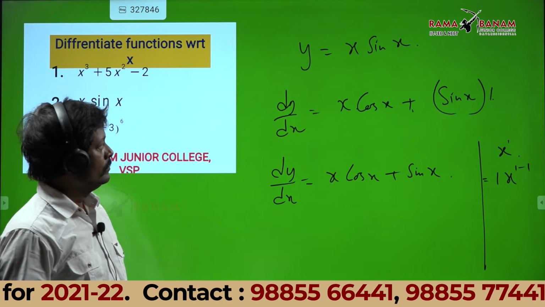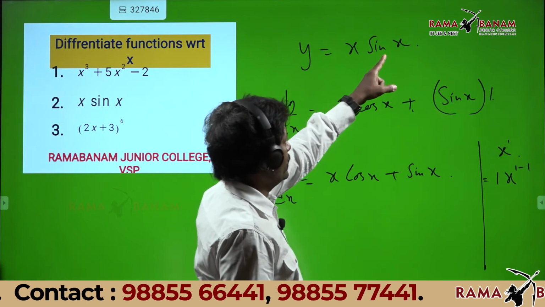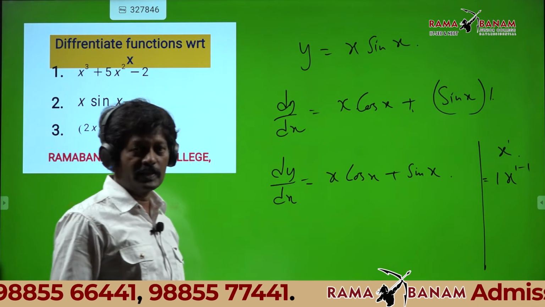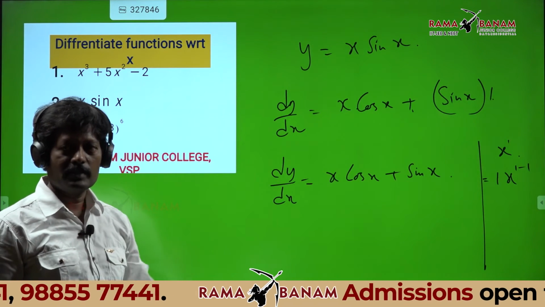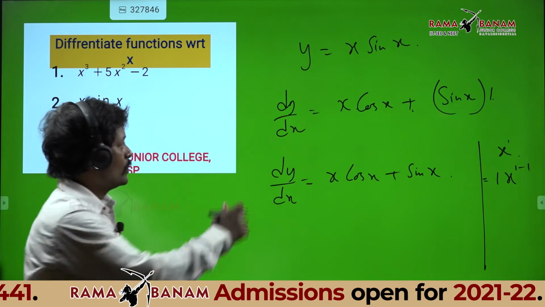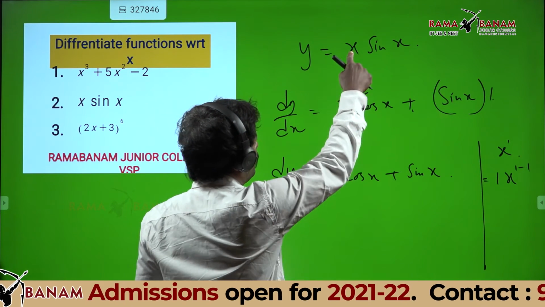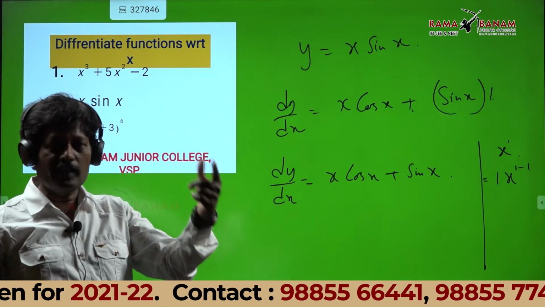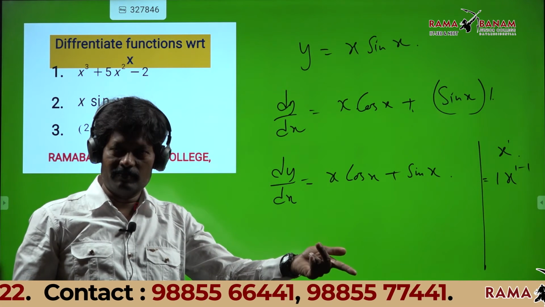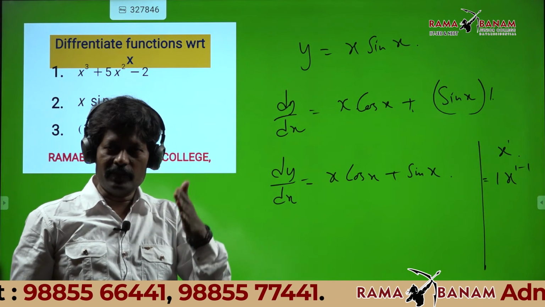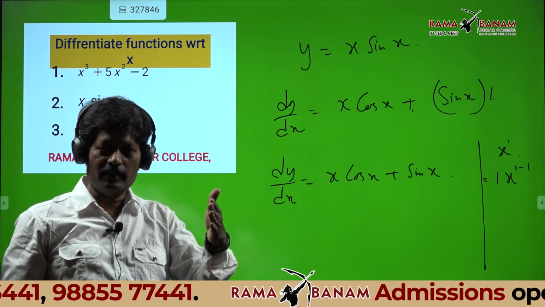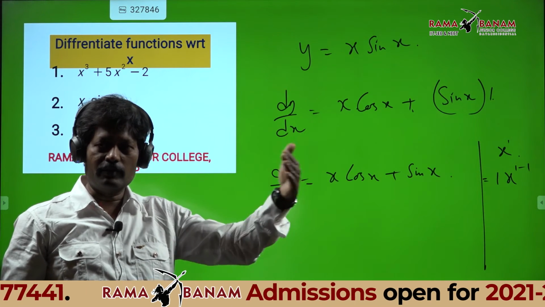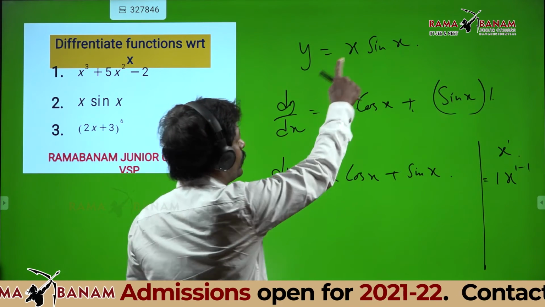Okay. y equal to x sin x. It's a product of two functions. X is one function, sin x is another function. So dy by dx is first function into derivative of the second plus second function into derivative of the first. That is what I am doing. Use the formula.